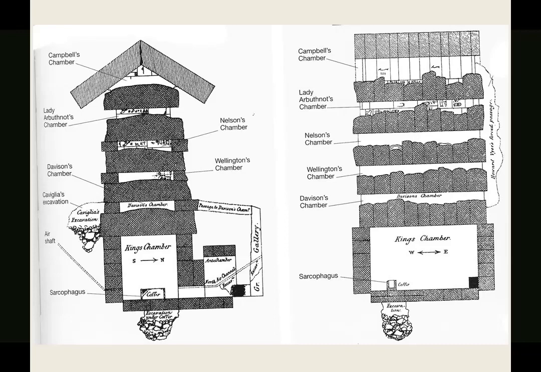So Caviglia tried to dig down to the air shafts. Vyse decided that, well, if there's one of these chambers, maybe there's more. So he took his gunpowder and dug, found another chamber, which he named after the first Duke of Wellington, who defeated Napoleon, and Horatio Nelson, who also defeated Napoleon, named the next chamber after him, went up to Lady Arbuthnot, named a chamber after her, and then Campbell's chamber, who was a high-up official in Egypt at the time.